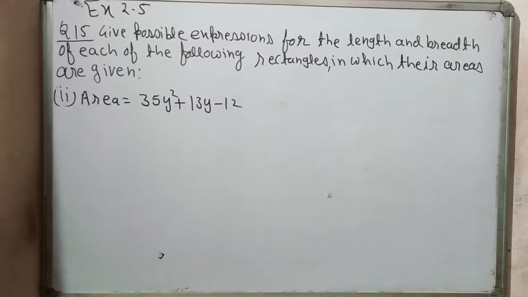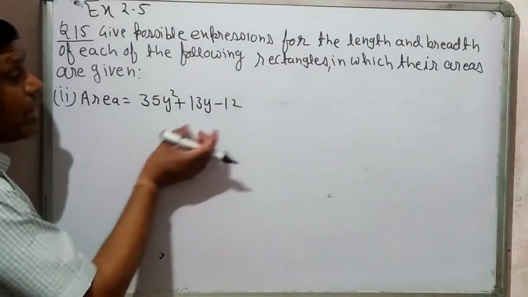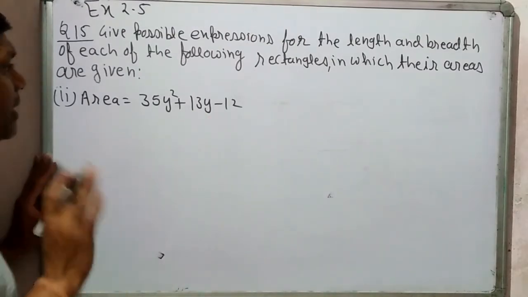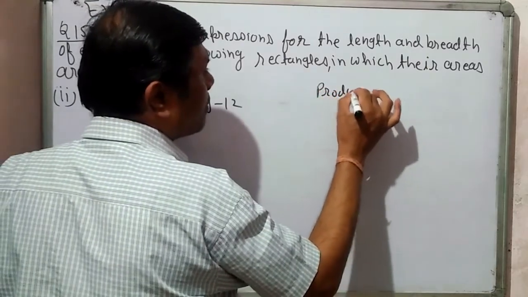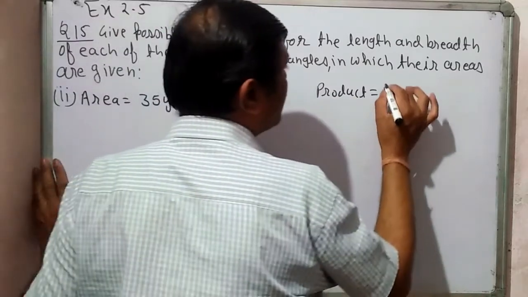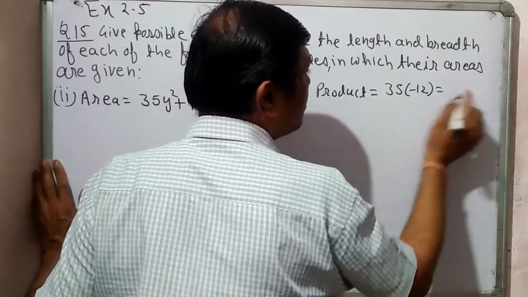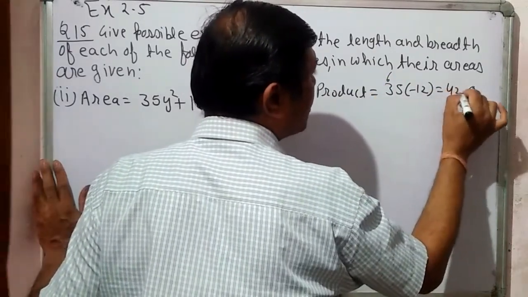Again students, in the second part of this, we have been given the area as 35y square plus 13y minus 12. Let us see what our product requirement is. That is 35 multiplied by minus 12. 12 5s are 60, 36 and 6, 42.